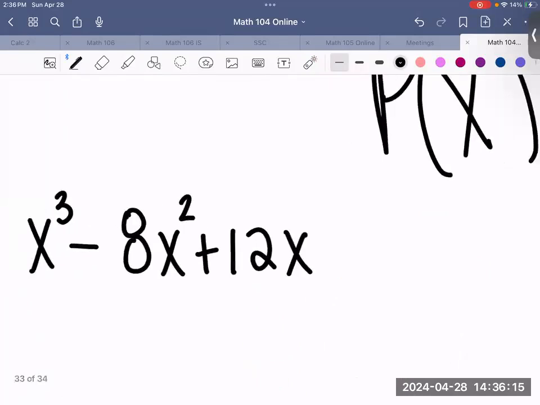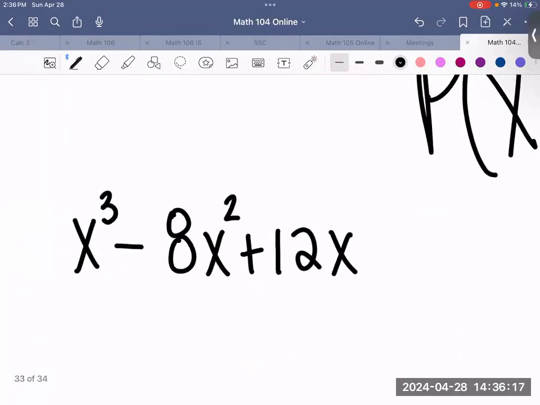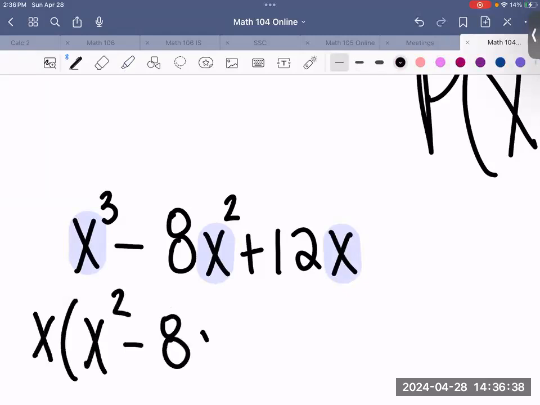Okay, so can we factor this? Well, I haven't tried factoring something with a degree of 3 before, but what do you notice about all of your values? Well, they all have an x in common. So at the very least, let's factor out an x. We change each degree on your x by just 1, or we just take it away completely.